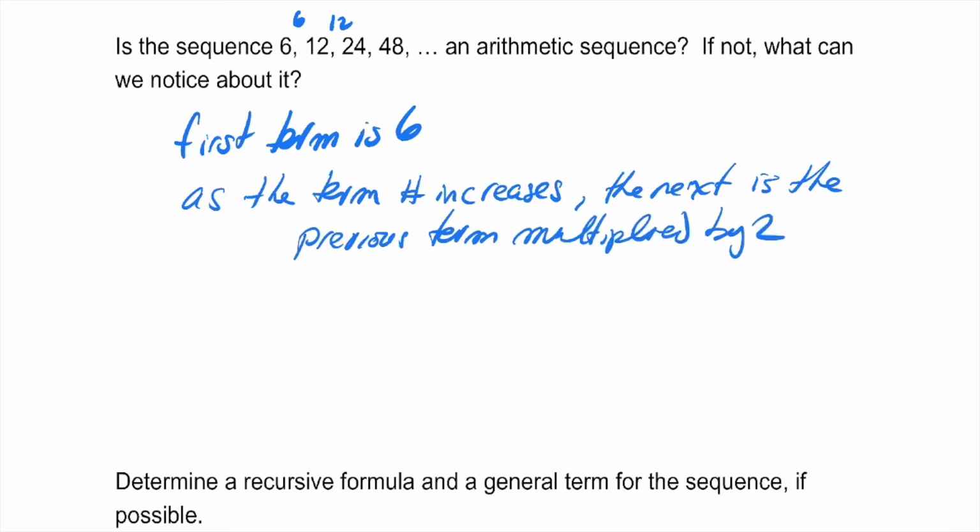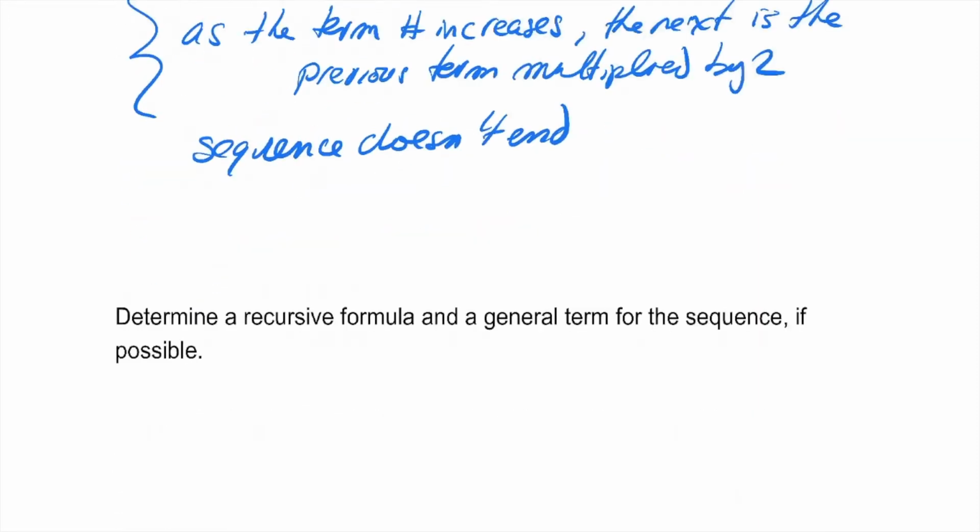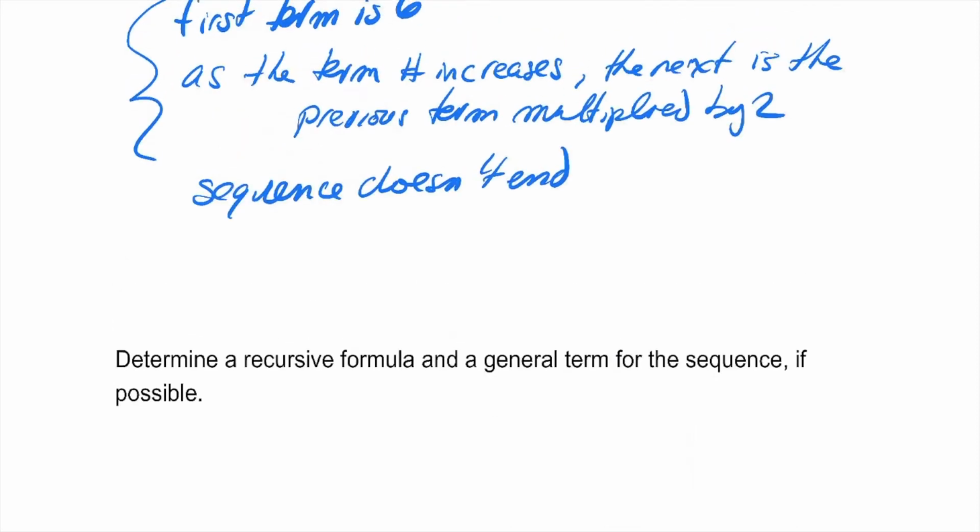That's almost like a recursive explanation of what goes on. The sequence doesn't end. And we could come up with other things, but really that's the three most important things. Really, these two parts are the most important. And in essence, we've defined what a geometric sequence is.